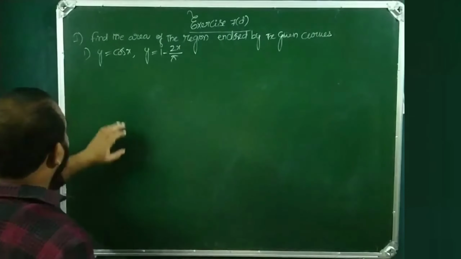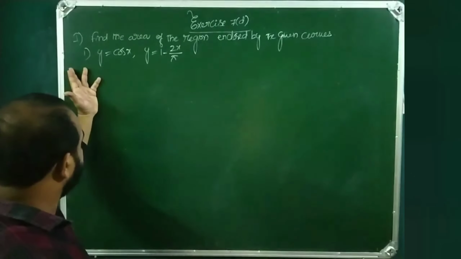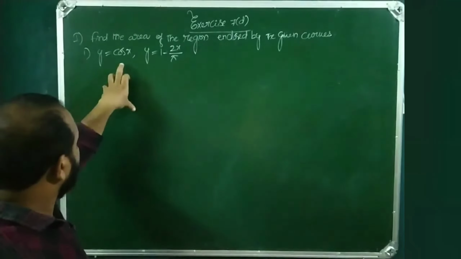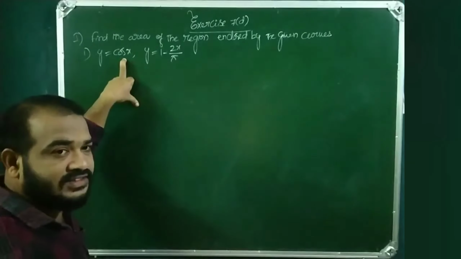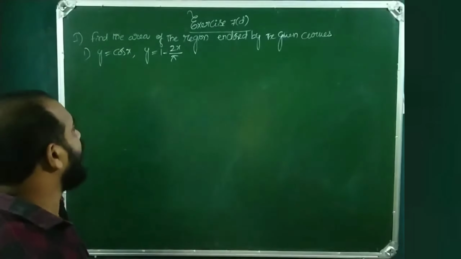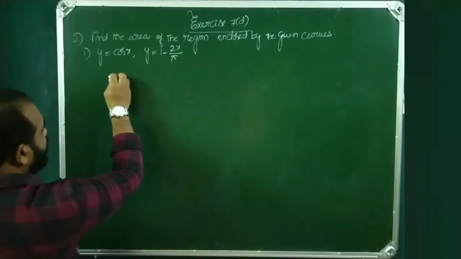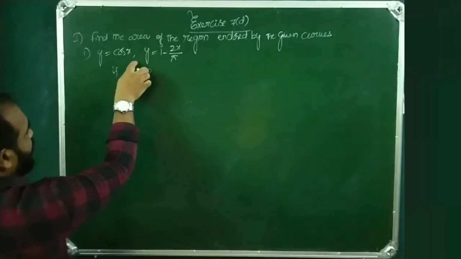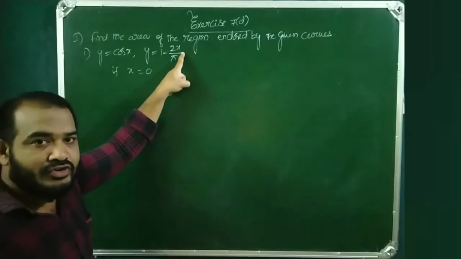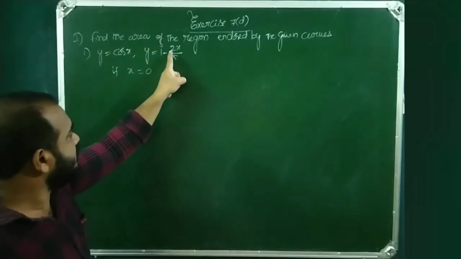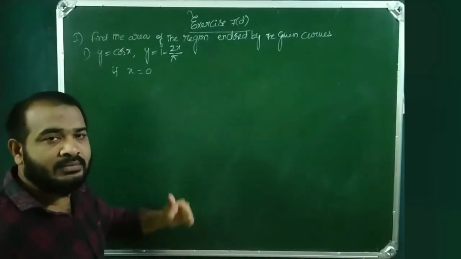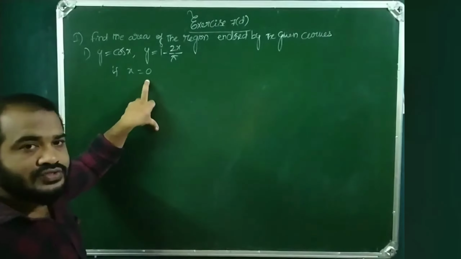If we find the point of intersection, we can observe that at x equals 0 both give the same point. If you substitute x equals 0, cos 0 is 1, so y equals 1. In the second, 1 minus 2 into 0 by pi is 0, so it also yields 1. That means both are intersecting at x equals 0.